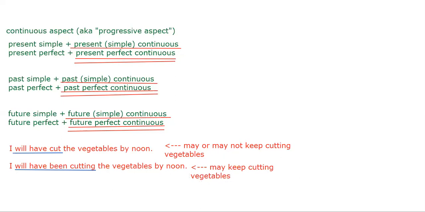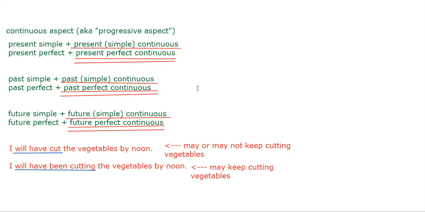So the first one means that you will have cut the vegetables by noon, so at noon you're probably going to stop. It's an action in the future that starts from the present and leads up to that point in the future, which is noon. By noon, say tomorrow, I will have cut the vegetables, and I may not keep cutting.